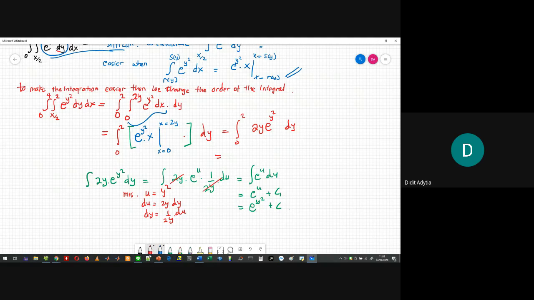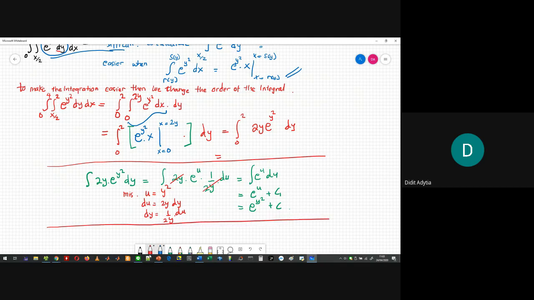Okay, now so this one is intermezzo. Kita langsung ke sini ya. Jadi hasilnya adalah this one. So I will use directly the result e to the power of y square, where y from 0 to 2.